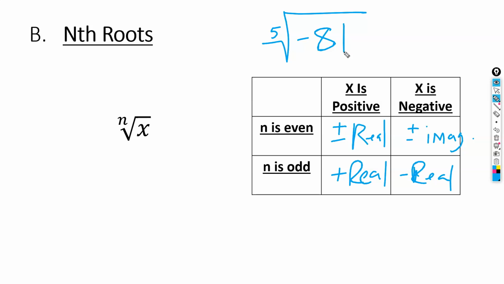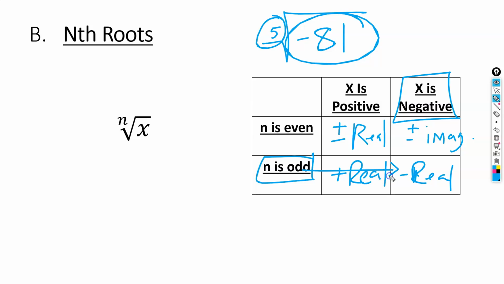Okay? Well, I've got an odd root, and I've got a negative radicand. And therefore, I know that I'm going to end up with one negative real answer. Okay? Let's do another one.